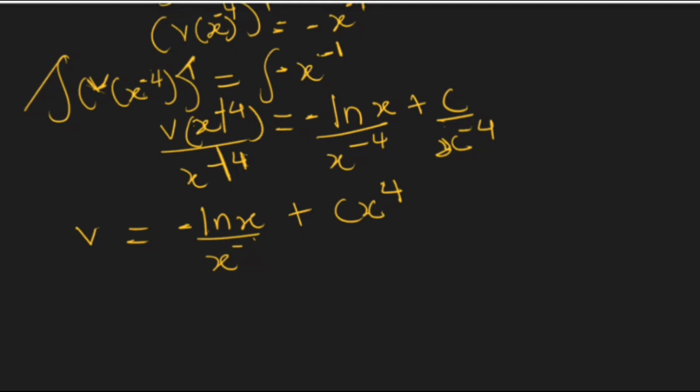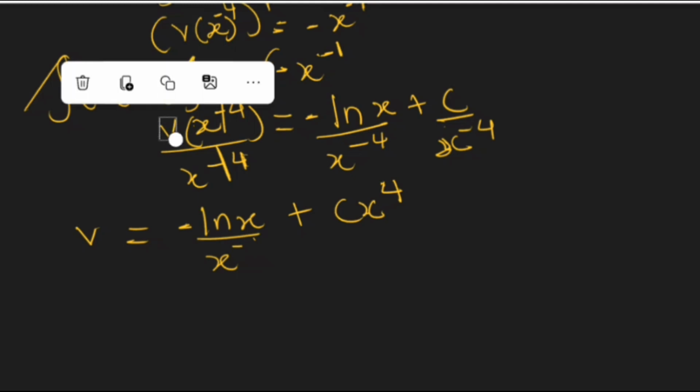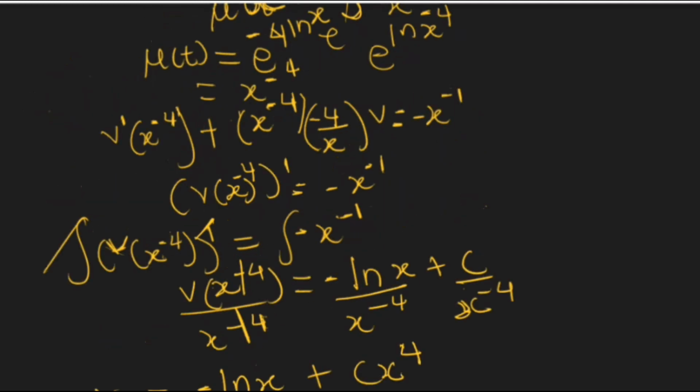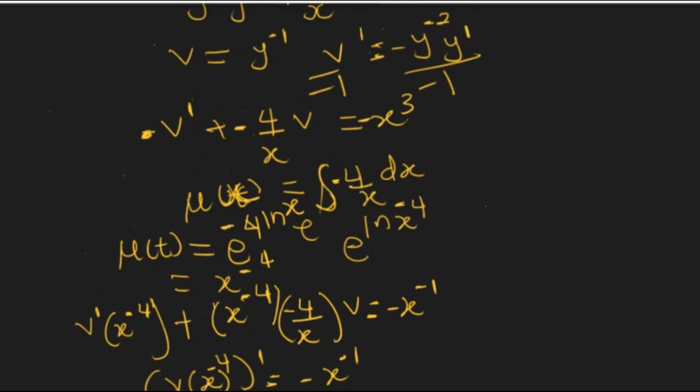One key part of Bernoulli's differential equation is that after you get your answer in the new variable, you need to express it back. You realize that wherever we find v is the same as y to the power negative 1, right?